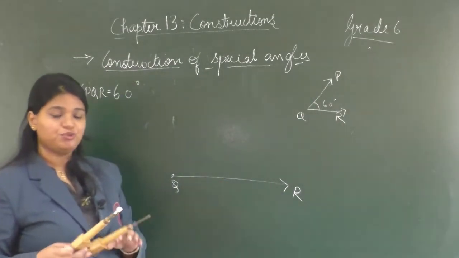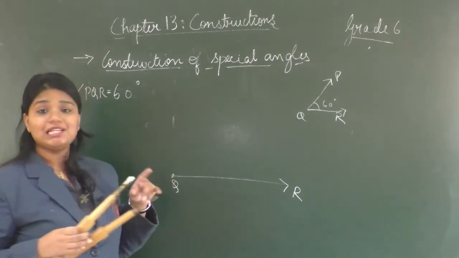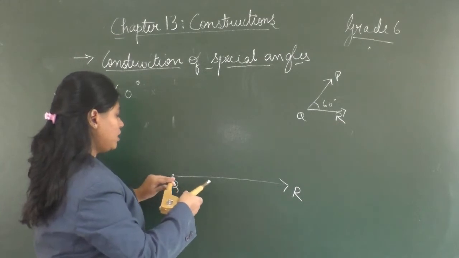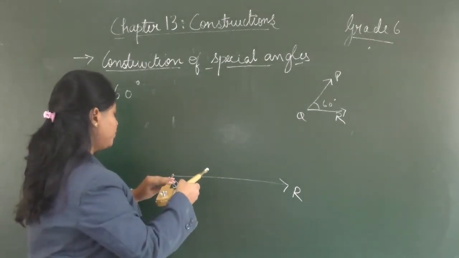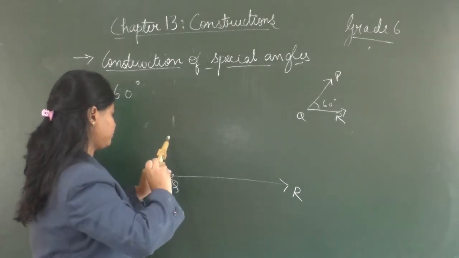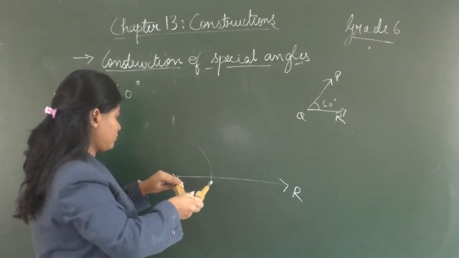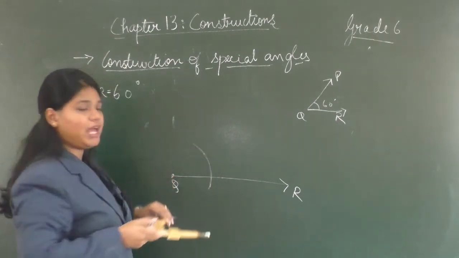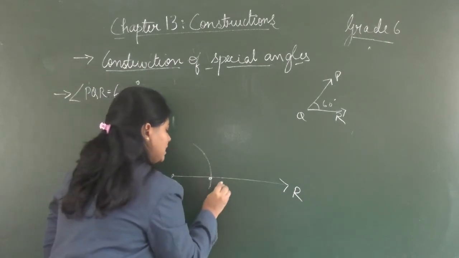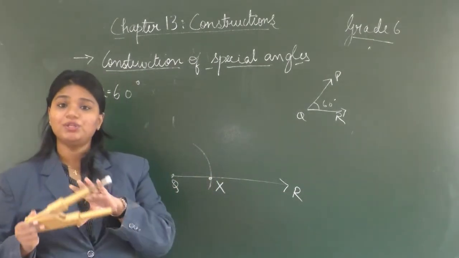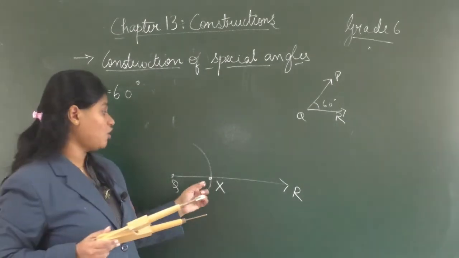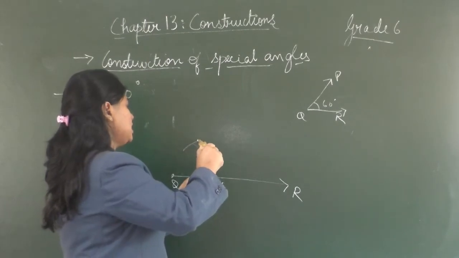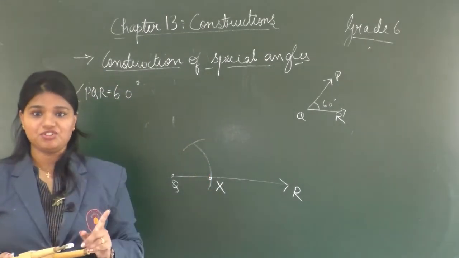For that, first you will take your compass, place the needle of the compass on point Q, open the compass according to your wish and draw an arc. Okay, and I am naming this point as X. Now with the same measurement, I will place the needle on point X and I will cut the previously drawn arc.